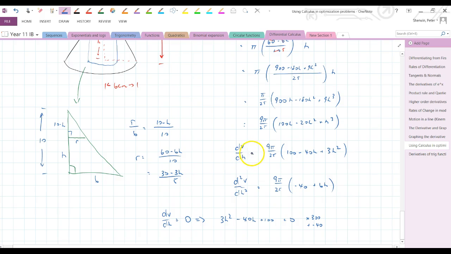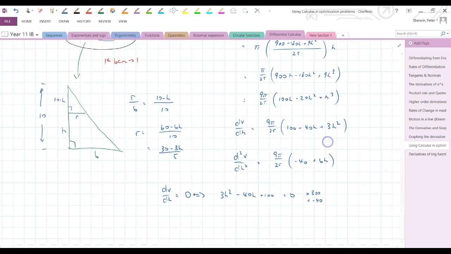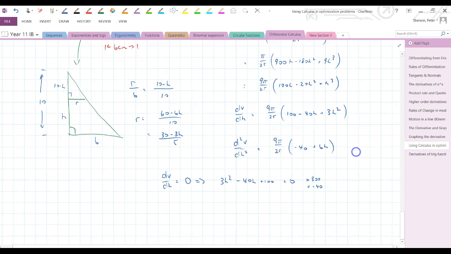To find the maximum, firstly, we make dV/dh equal to 0, so I'll make this equal to 0. Divide both sides by 9 pi over 25, so that's gone. So really what I'm solving here is 3h squared minus 40h plus 100 equals 0, which is this quadratic here. Now I'm looking for two numbers here that multiply to 300 and add to minus 40. I reckon that's minus 30 and minus 10.